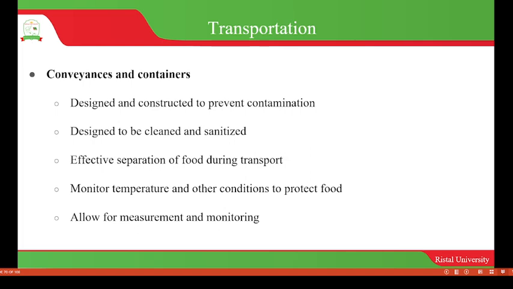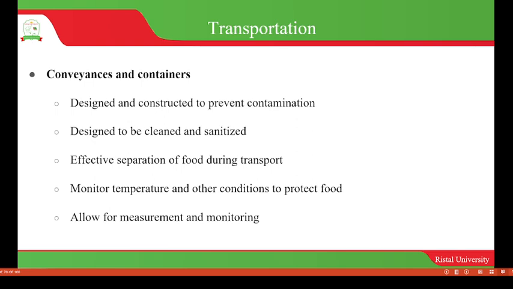Then they have to be designed in a way that they can be easily cleaned and sanitized to prevent contamination. Then also the conveyance and containers should be in position of effective separation. There has to be effective separation of food during transportation.